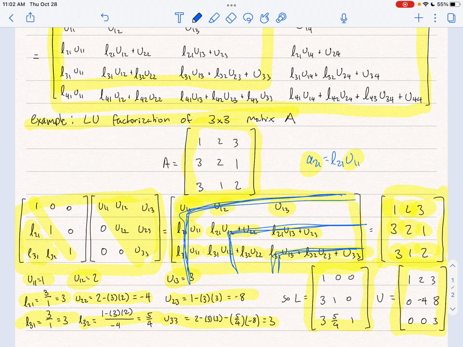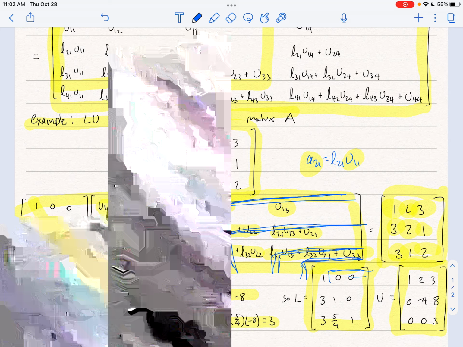We only had one more value to solve for in the 3 by 3 case, but if you had a bigger matrix, you'd keep going in this cascading style until you reach the very last term. So when you do LU factorization, you actually have to solve outside in, starting with the very top row and the very left column, and you keep following this format all the way down.